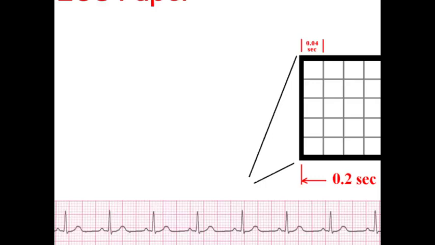One big square is divided into 5 small squares, so one small square equals 0.04 second.